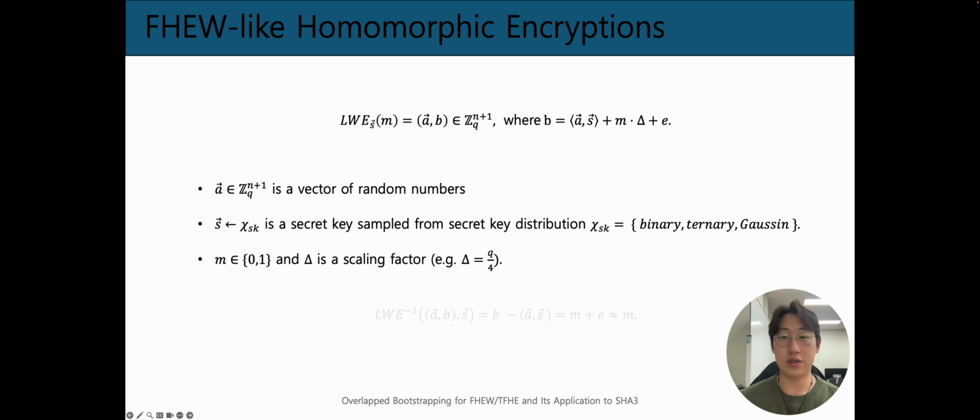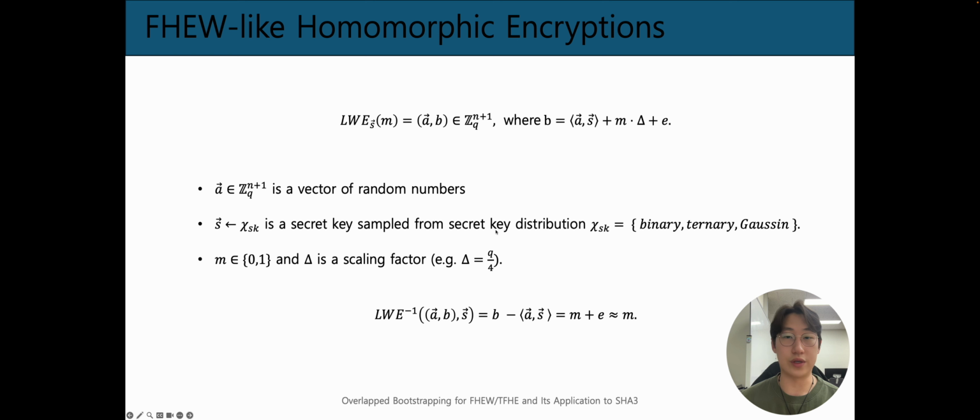A message M is a single bit, and delta is the scaling factor, commonly set to Q/4. And it also provides some resistance to noise in the message. And decryption is straightforward. By subtracting the inner product from the ciphertext, we retrieve the message with only a small amount of additional noise.